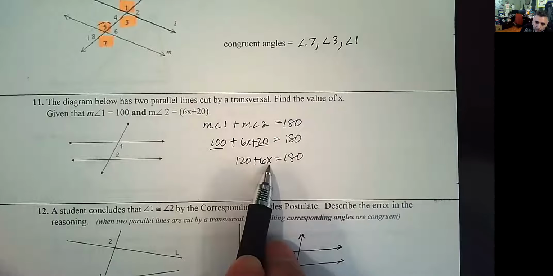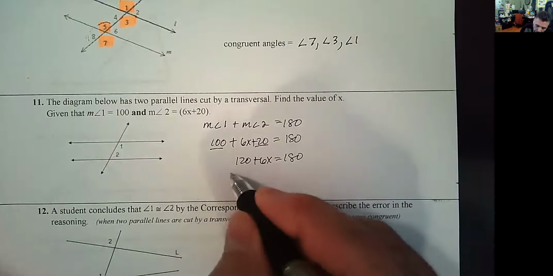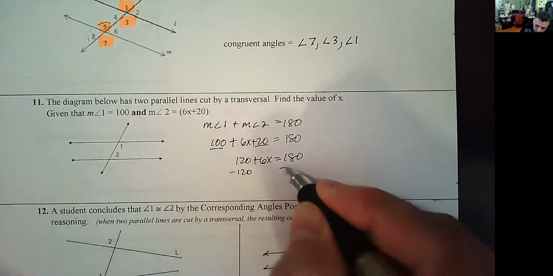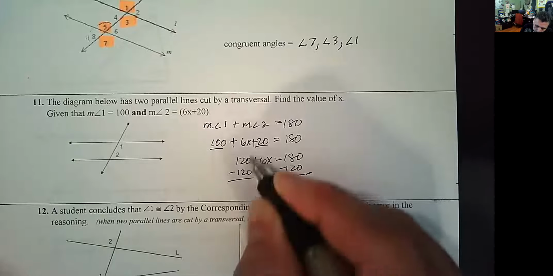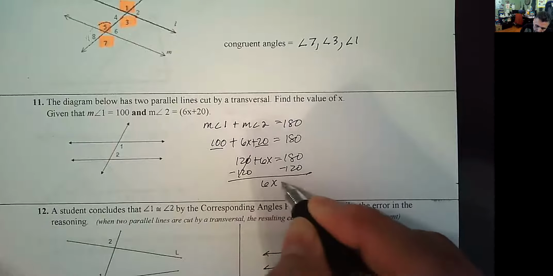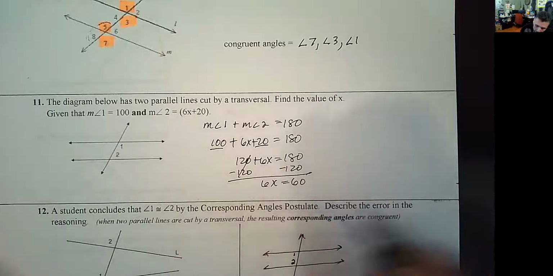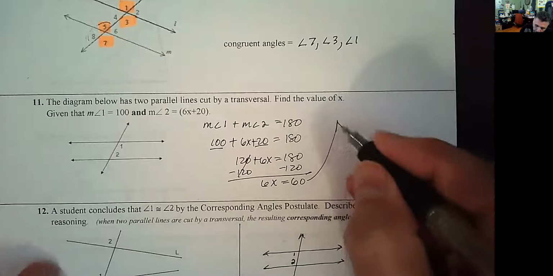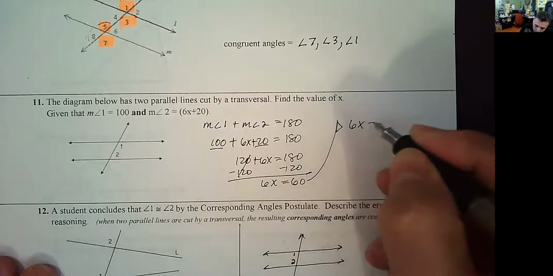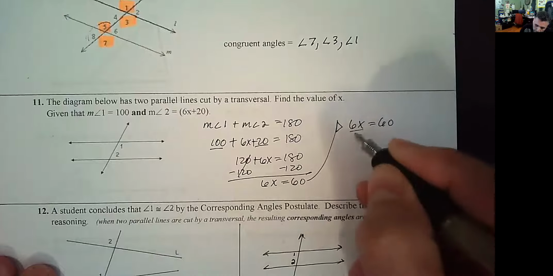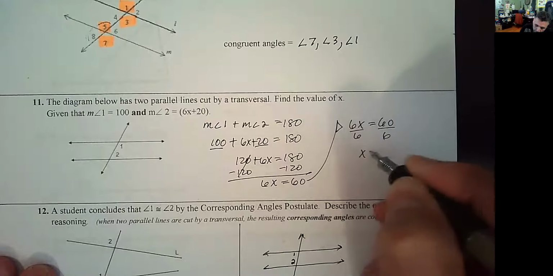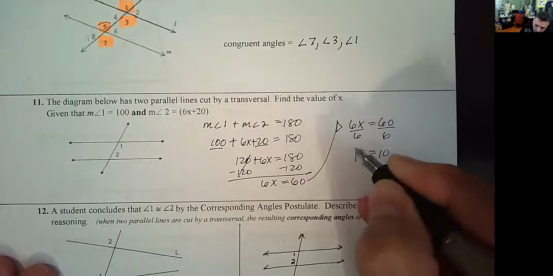Get x by itself. Inverse. Minus 120. 0, 6 times x equals 60. I'm running out of space, and we're going to go up here. The last thing we do is divide both sides by 6. We get x equals 10.